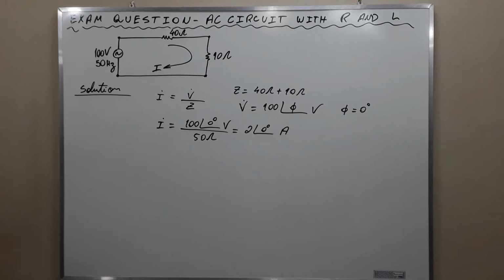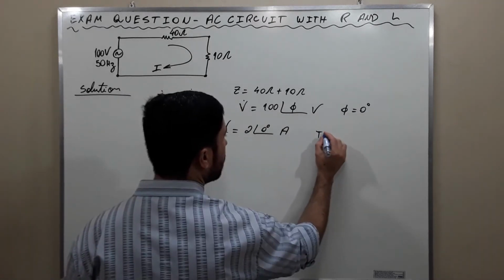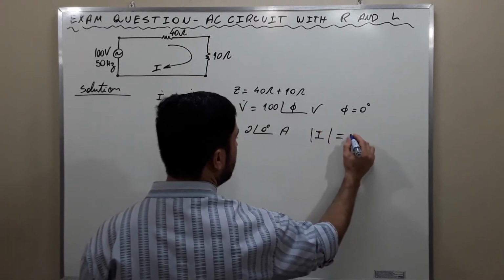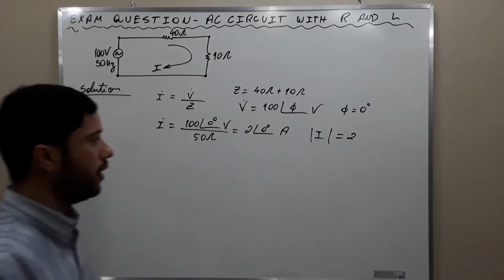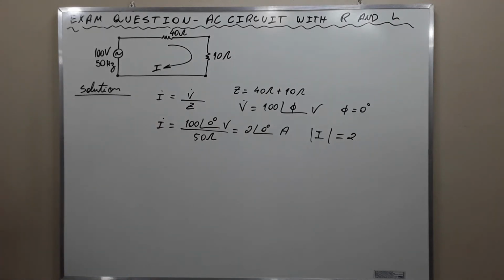Alright? And the magnitude of the current is equal to 2. This is the magnitude of the current.